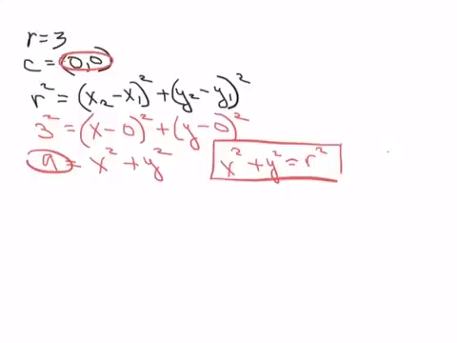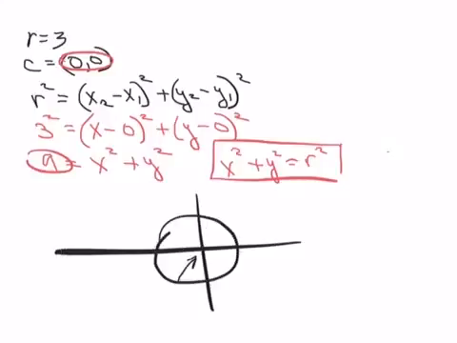So, it makes it easy when we have a center point right there, and then we've got a circle there with, in this case, our radius was what? Our radius was 3. And that's the confusing part. A lot of people will put the radius as 9, but 9 is the radius squared.